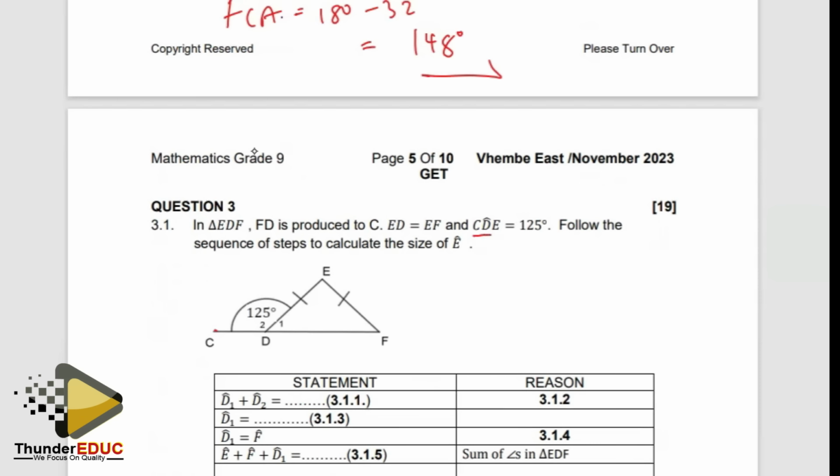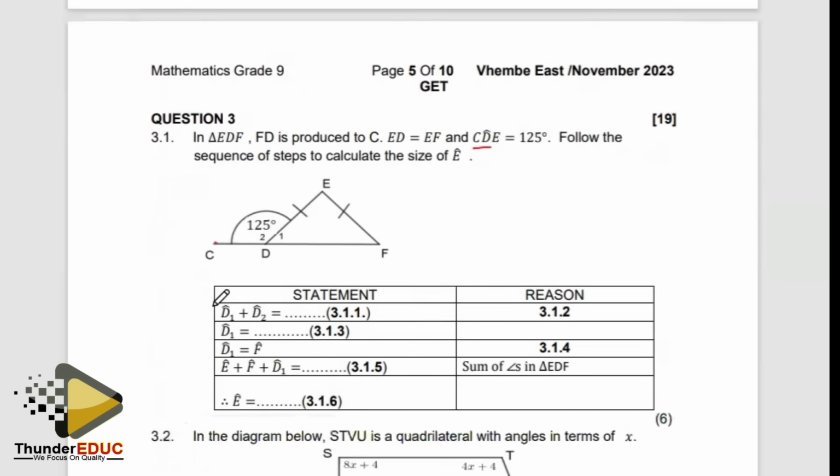Follow the sequence of steps to calculate the size of E. Now they are telling us that D1 and D2, these two angles, must give us 180 degrees. The reason being, these are adjacent supplementary angles. They are next to each other, so they must add up to 180. So they are angles on a straight line.